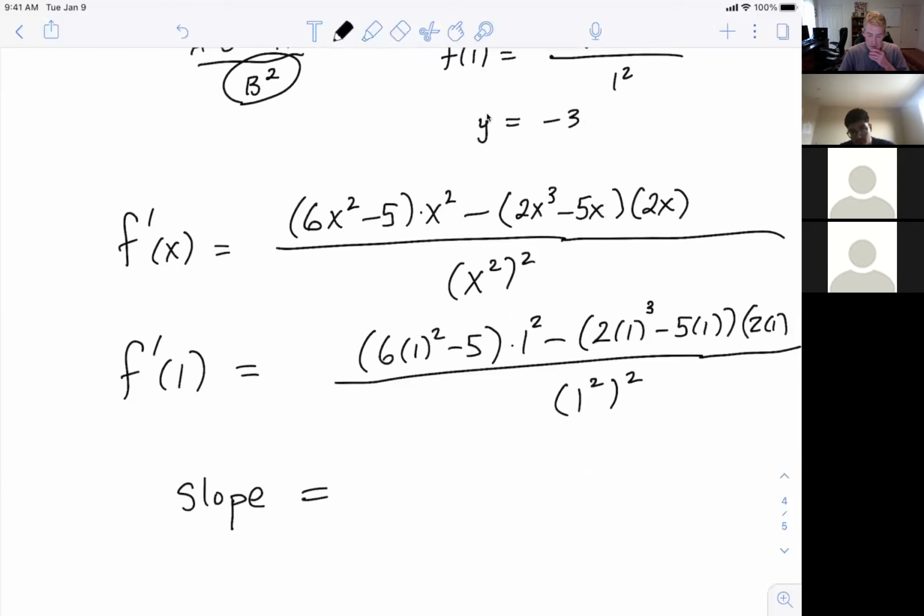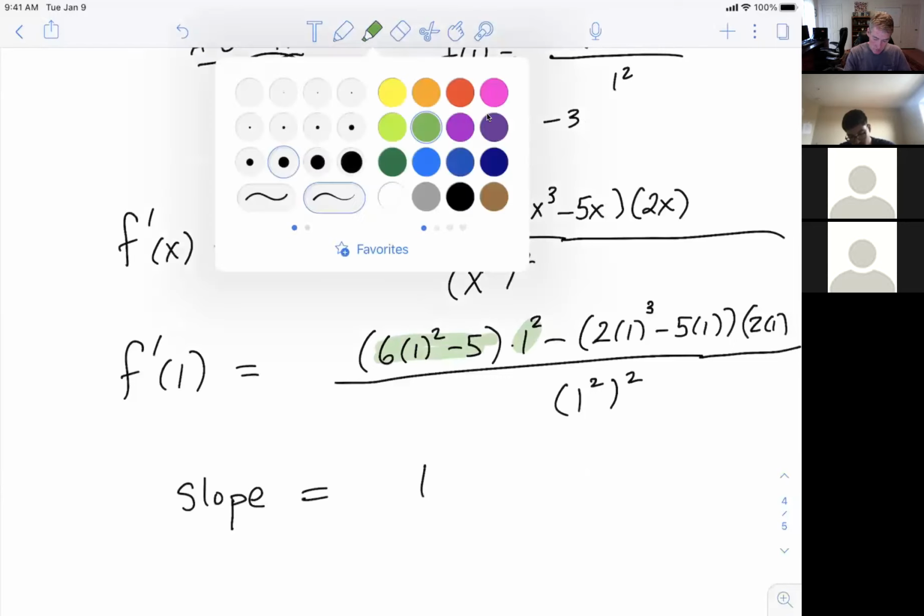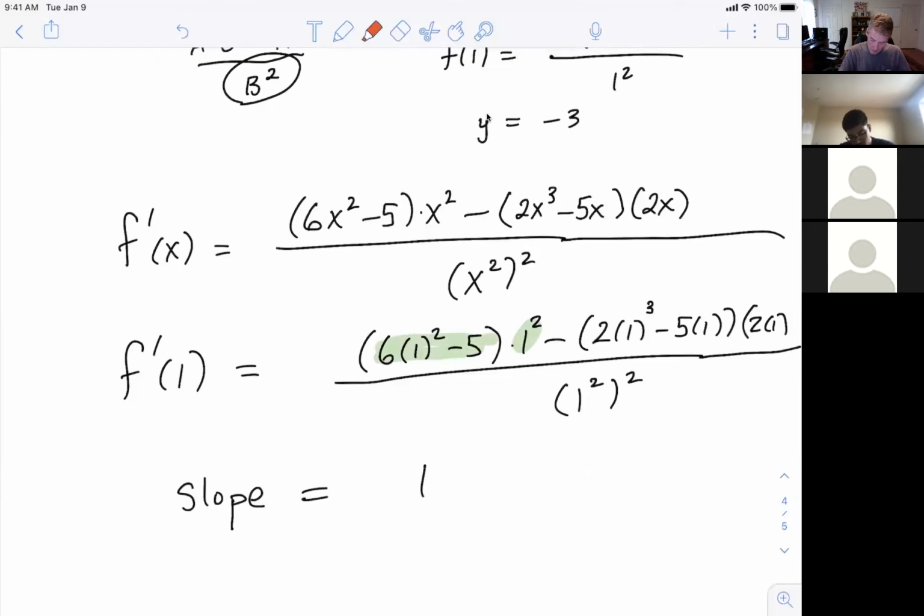So how much is this? Well, right here, that's going to be 6 minus 5, which equals 1. And then 1 times 1 is just going to be a 1. And then this part in red is going to be 2 minus 5, so that's negative 3.